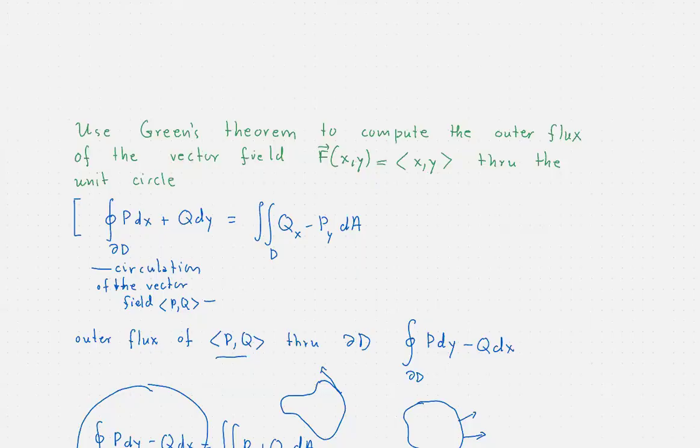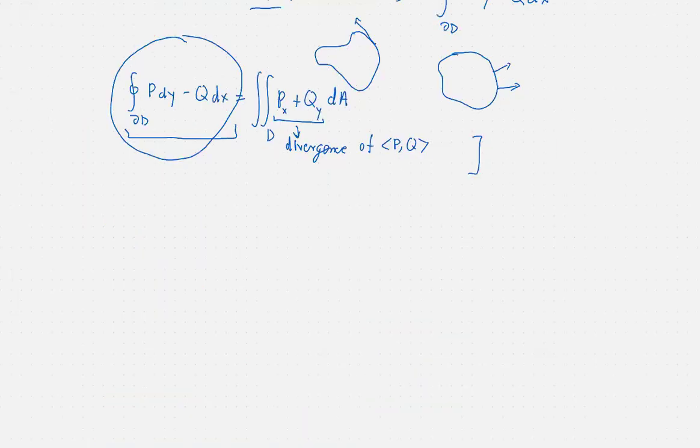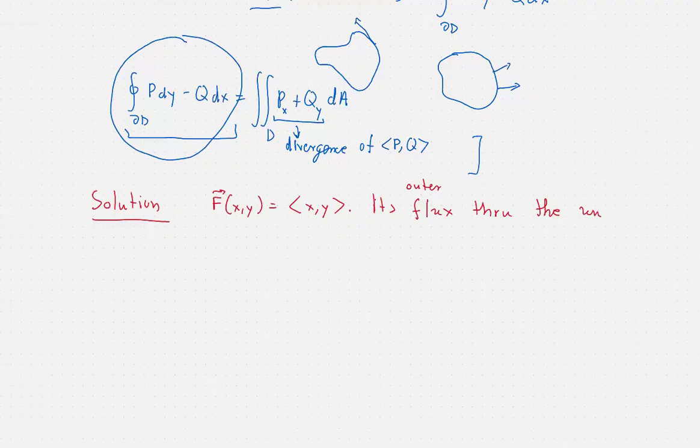So let me do the solution. So the vector field is xy, and so its outer flux, to be very precise, its outer flux through the unit circle is given by: what I need to do is take the first component and multiply that by dy, and then subtract from it the second component multiplied by dx.